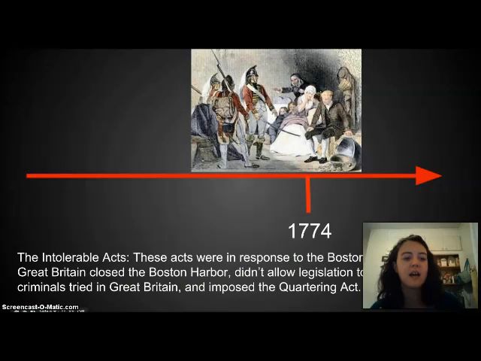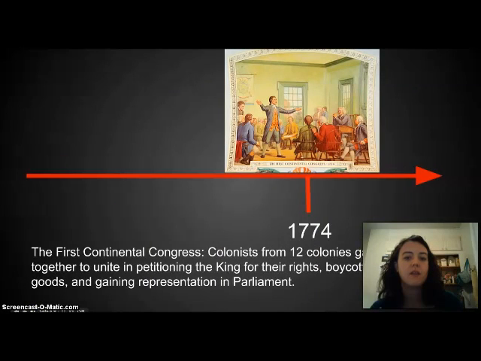And in response to that, we have the Intolerable Acts. These acts were in response to the Boston Tea Party, and they closed the harbor, didn't allow legislation, had criminals in the colonies tried in Great Britain, and imposed the Quartering Act. Then in 1774, we have the First Continental Congress.